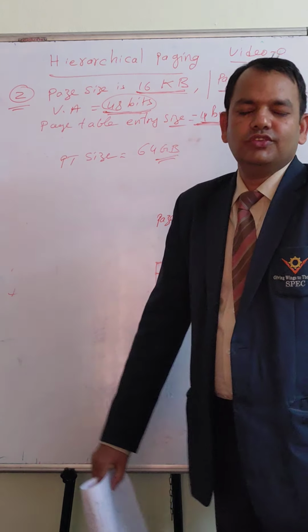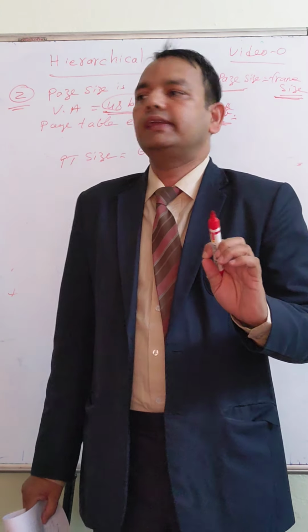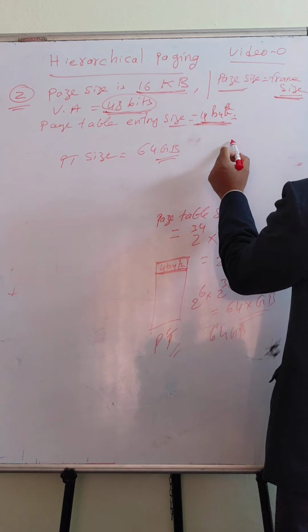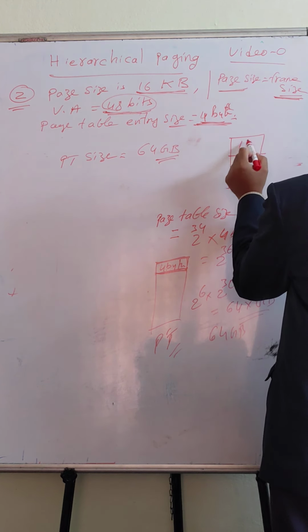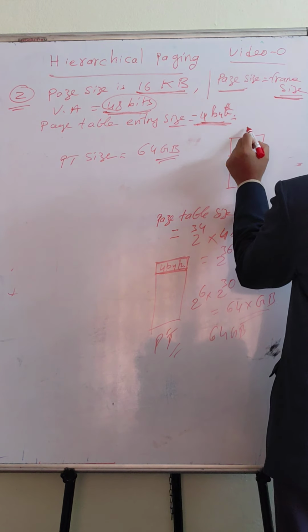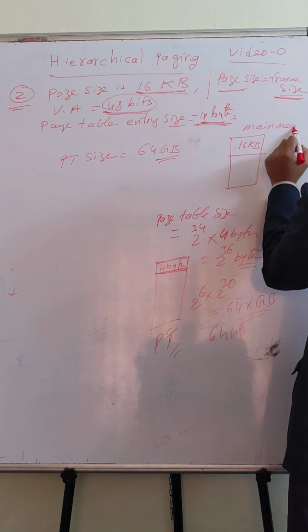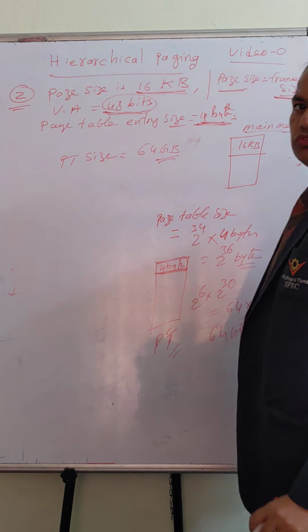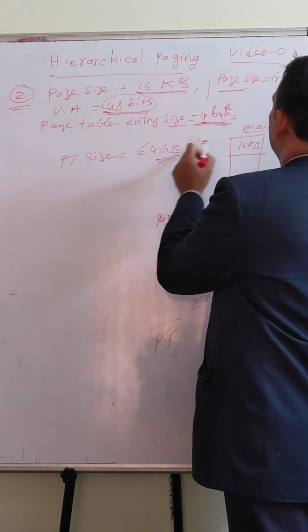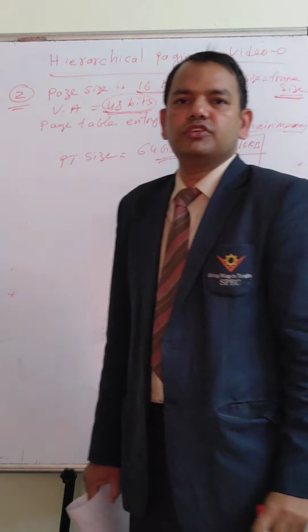Now the question is, can this 64 GB be stored in one frame? One frame is 16 KB in main memory. Can you store this 64 GB here in this table?